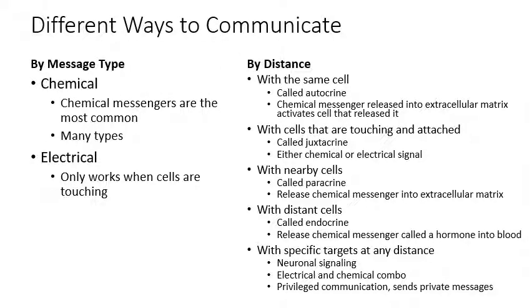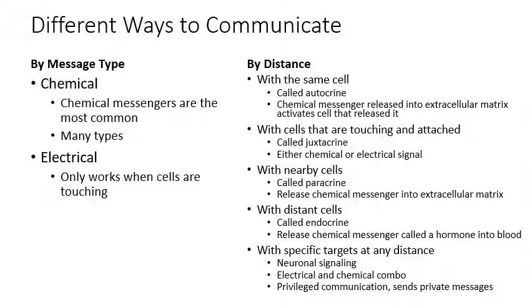We can categorize the different ways that cells communicate by the type of message that they're sending to each other, or by the distance that that message is covering once it's sent. So first, for message type, the message that cells are sending could either be chemical or electrical. Usually it's chemical, which would mean that one cell is releasing a chemical that travels to the other cell and delivers the message. There's a bunch of different types of chemical messengers.